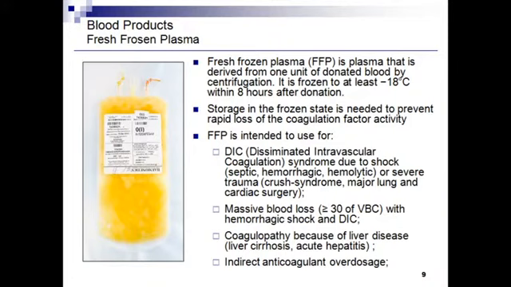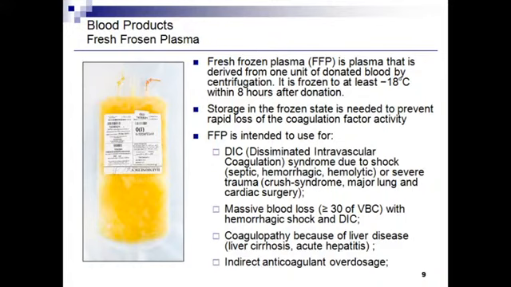It is frozen to at least 18 degrees below zero within 8 hours after donation. Storage in the frozen state is needed to prevent rapid loss of coagulation factor activity. After thawing of the plasma portion, we can use the liquid thawed plasma at 36 degrees Celsius.